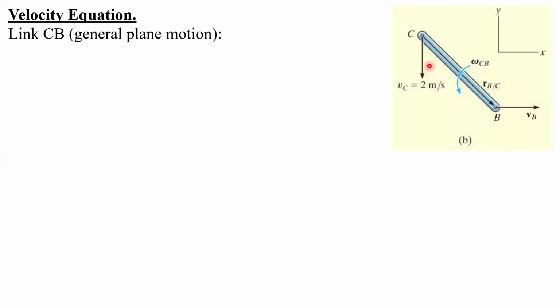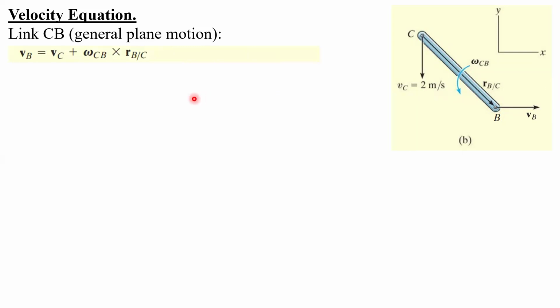As I have said, link CB is in general plane motion. This is CB. At this point, it is moving down with velocity 2 meters per second and is moving to the right with velocity VB, which we have not known, which we need to determine.